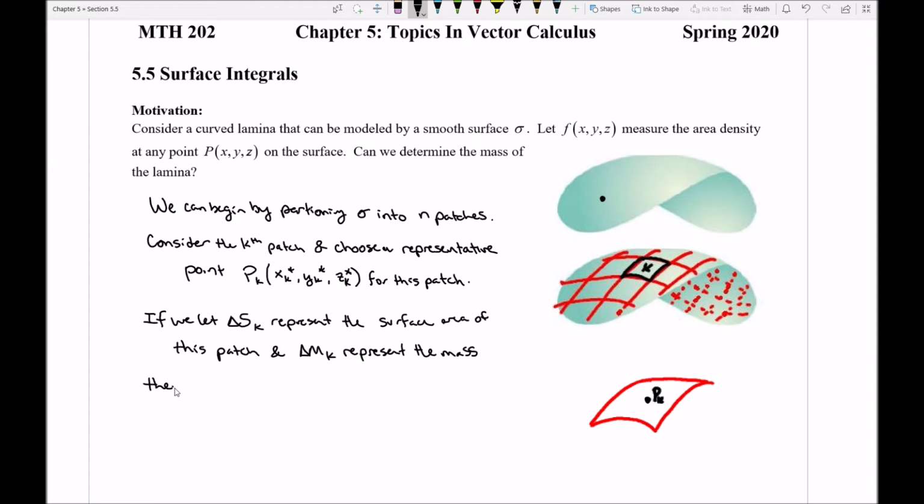We should be able to say that the mass of this particular little patch should be given by the density multiplied by that surface area.